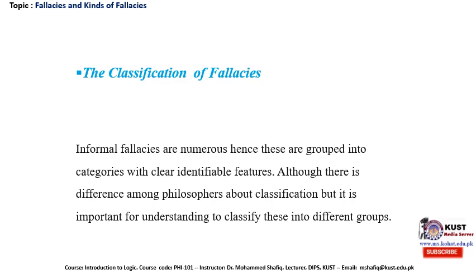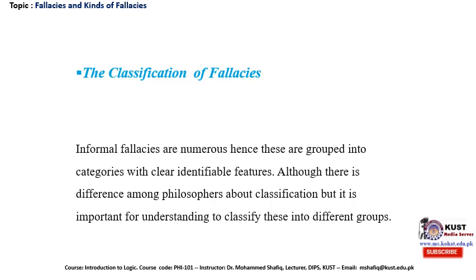This classification of fallacies is a controversial matter in logic, as I already said that there are differences of opinion among the philosophers and logicians about this classification. But still they have proposed lists of fallacies that vary greatly in length.